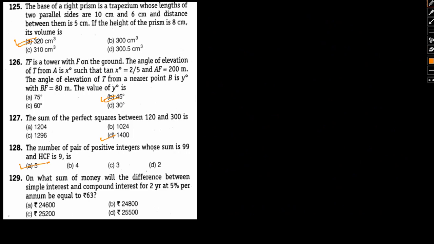On what sum of money will the difference between the simple interest and the compound interest for 2 years at 5% per annum be equal to 63? So this is question 129. What we need to find is compound interest for 2 years minus simple interest for 2 years, and the formula for that is principal times (r by 100) whole square.